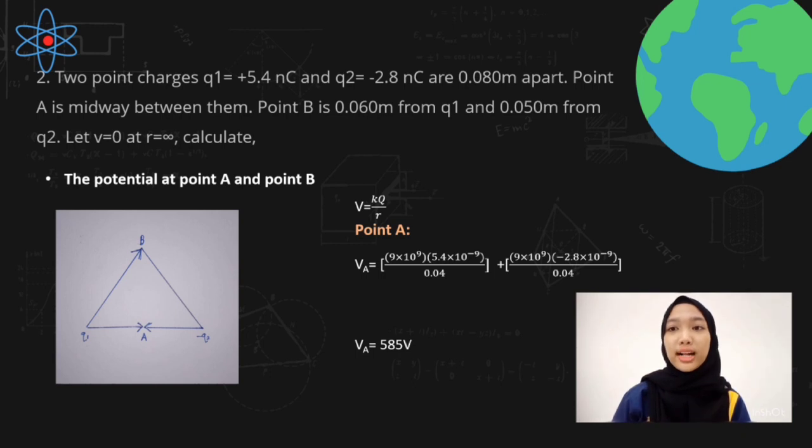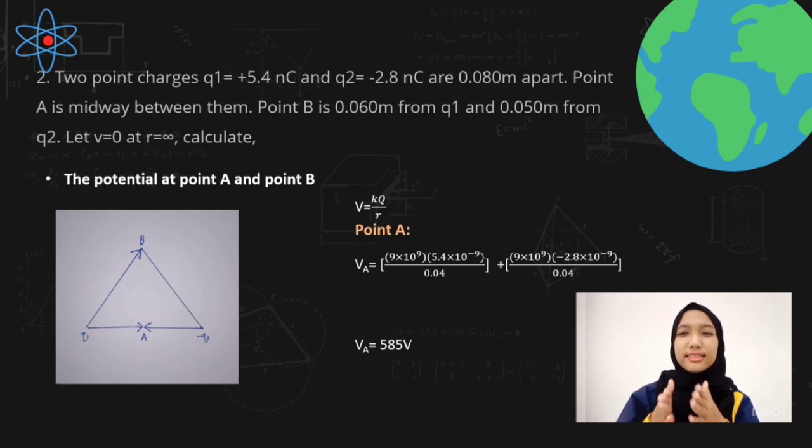First, we calculate the electric potential at point A. We use the formula V equals KQ over R, where K is the Coulomb constant, so we will use 9 times 10 to the power of 9 as its value. Q is a charge and R is distance. It is mentioned in the question that point A is midway between Q1 and Q2, so the distance is 0.04 meter.